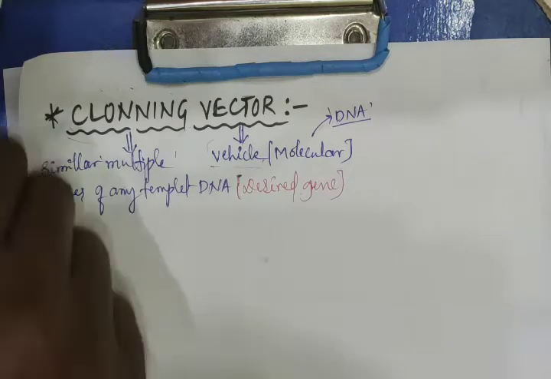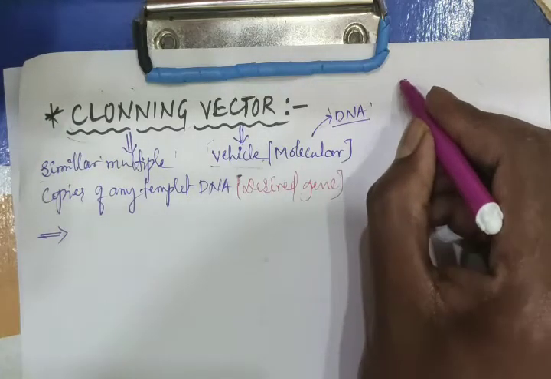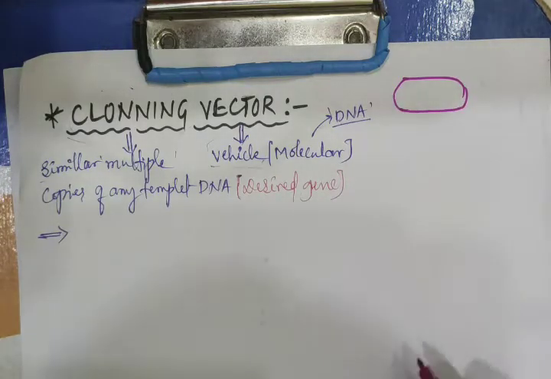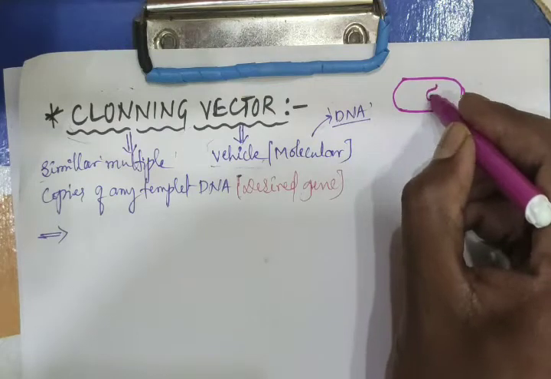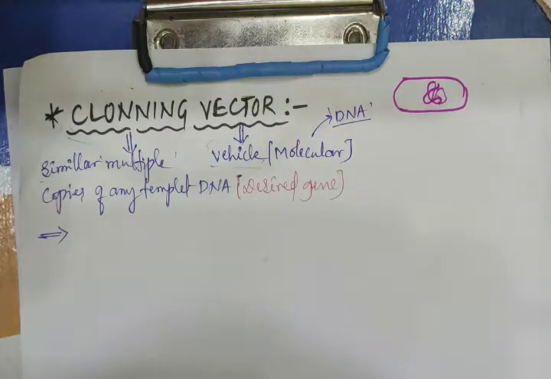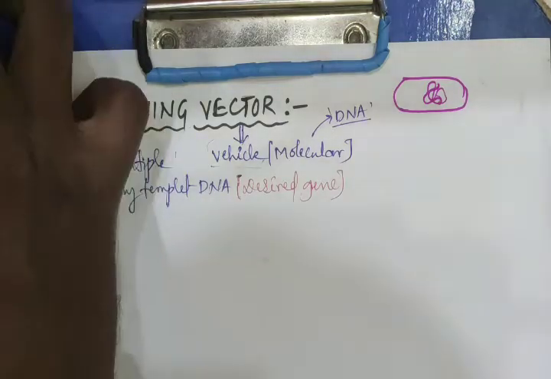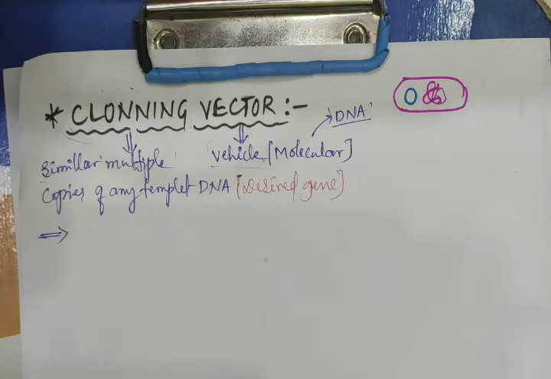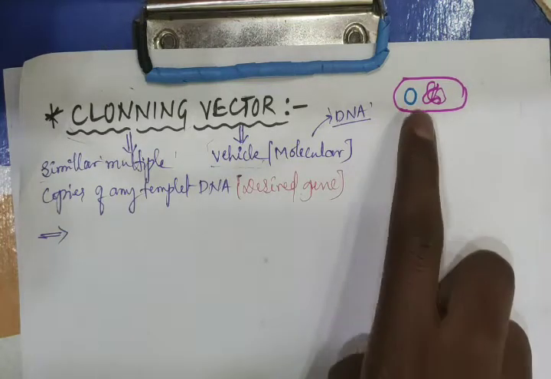Before going to that, let me tell you. Let us imagine this is a host cell, and this is the DNA, and inside this host cell there is one plasmid. What actually is that plasmid?